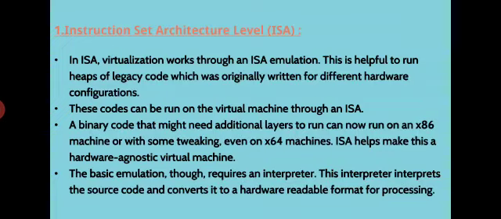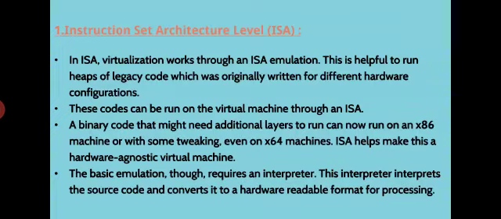So in instruction set architecture, for better performance, we use dynamic binary translation. This approach translates the basic blocks of dynamic source instructions to target instructions. The basic blocks can also be extended to program traces or super blocks to increase translation efficiency.